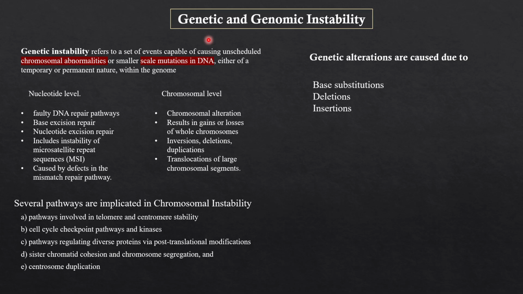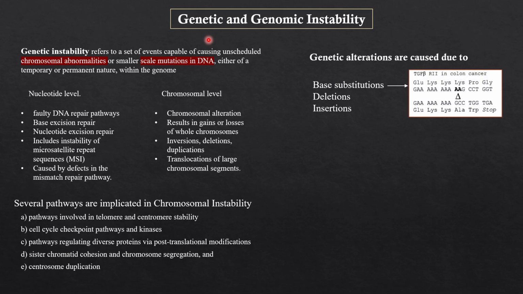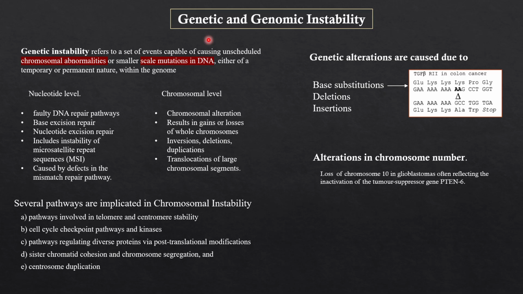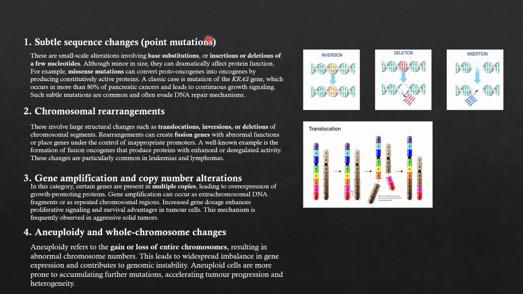So genetic alterations are caused due to different factors like base substitutions, deletion, and insertion. Alterations in chromosome number are caused due to the loss of a chromosome, for example, the loss of chromosome 10 in glioblastoma, which often reflects the inactivation of the tumor suppressor gene PTEN. The gain of a chromosome, for example, chromosome 7 in papillary renal carcinoma, reflects a duplication of mutant oncogenes.